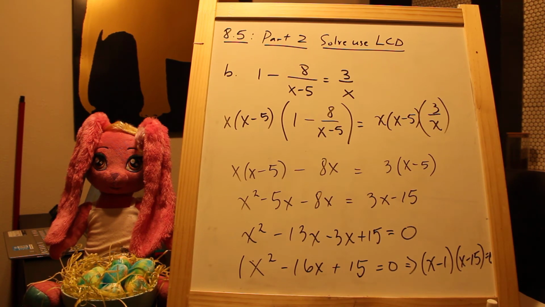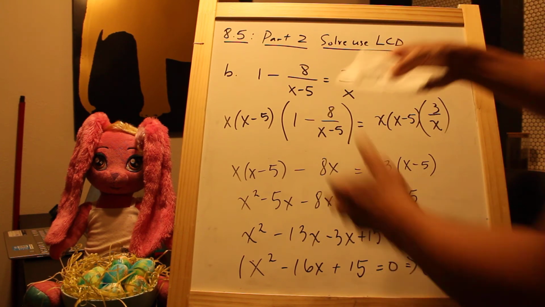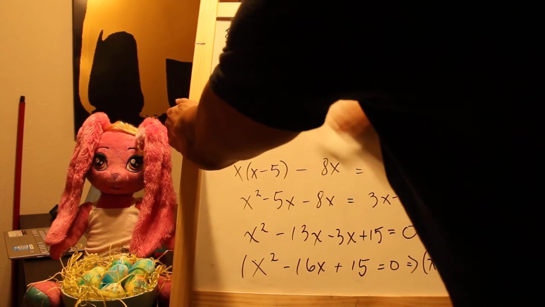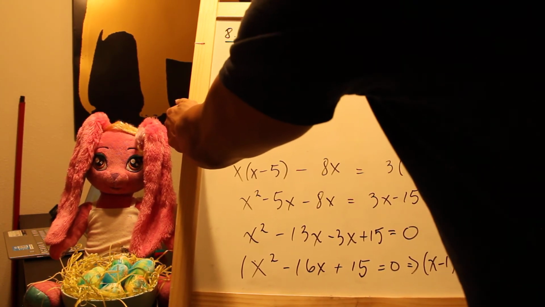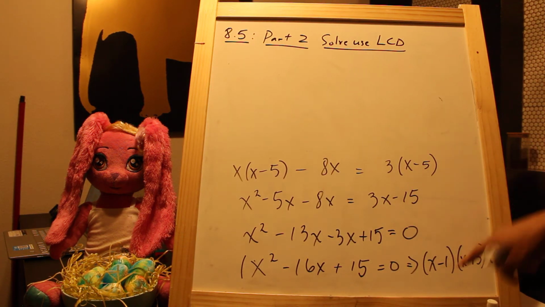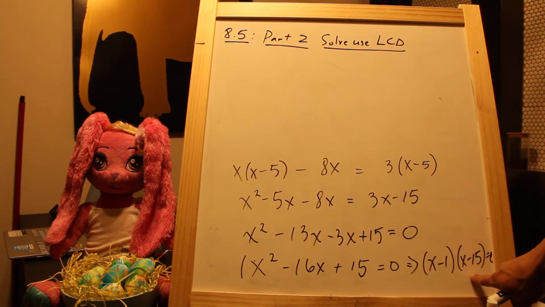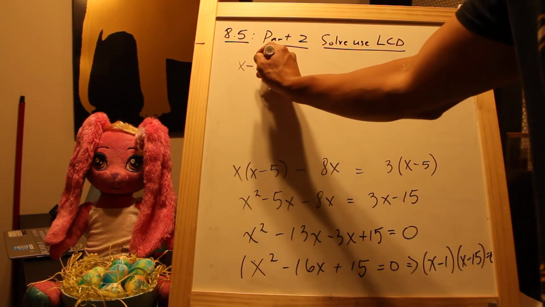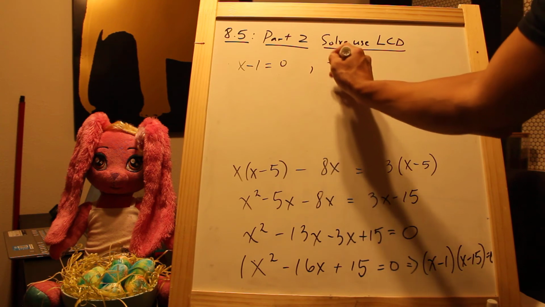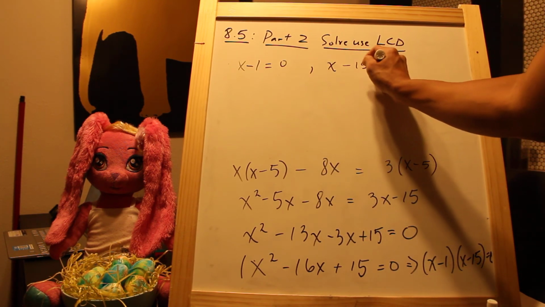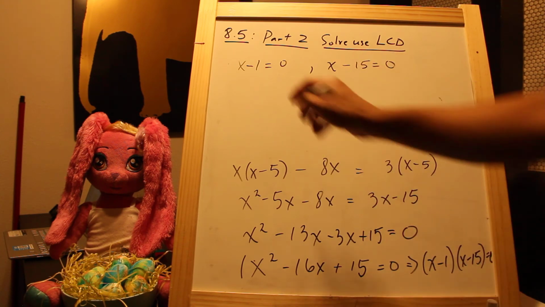So I'm going to erase part of this right here so you can see what I do next. So from the earlier statement, x minus 1 times x minus 15 equal to 0, I set each one equal to 0. And then I solve for x.